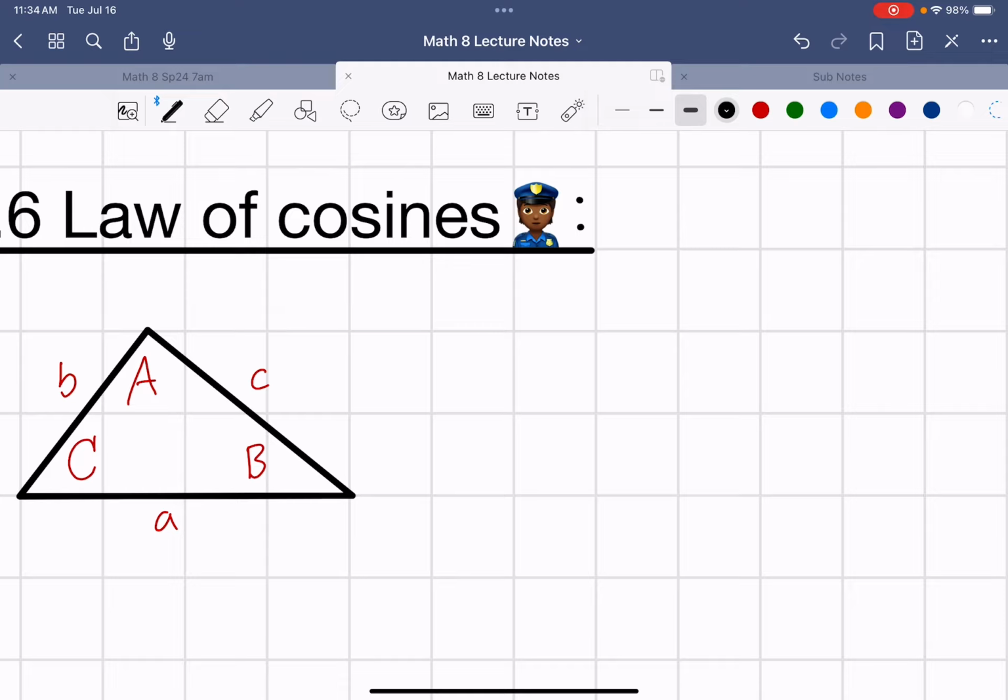Now, I am gonna write 3 versions of this law of cosines, but truly there's only one. There's truly only one version of the law of cosines. There's not multiple versions.